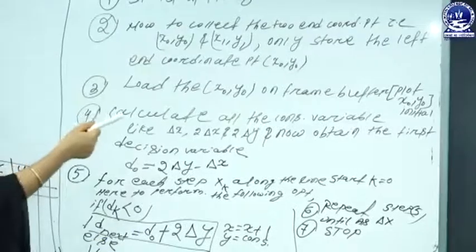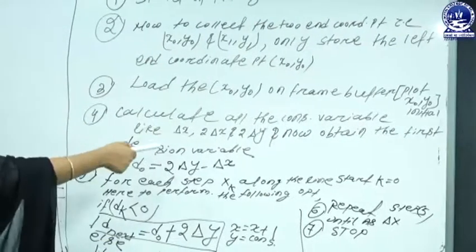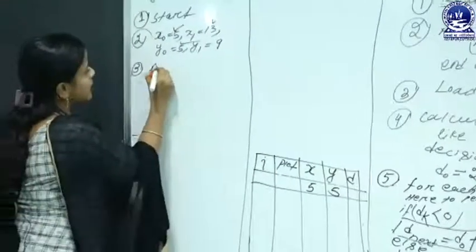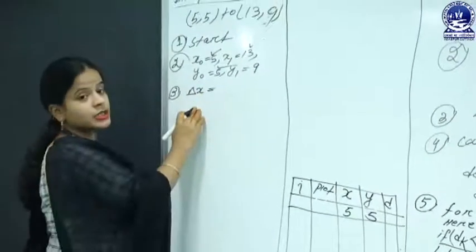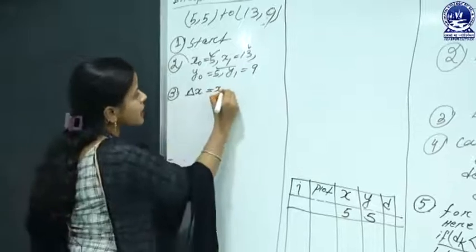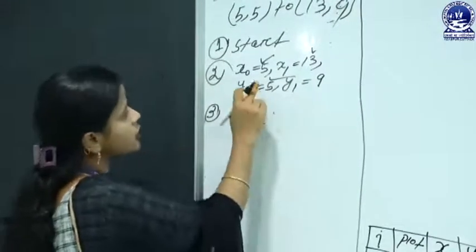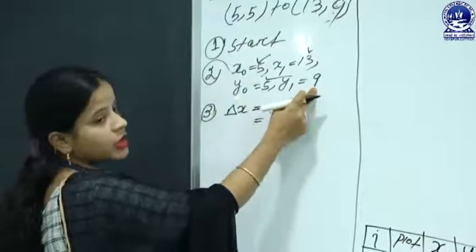Calculate all the constant variables: delta x, 2 delta x and 2 delta y. To calculate delta x, we know it is generated by the formula x1 minus x0, taking the first variable x0 and the second variable x1.